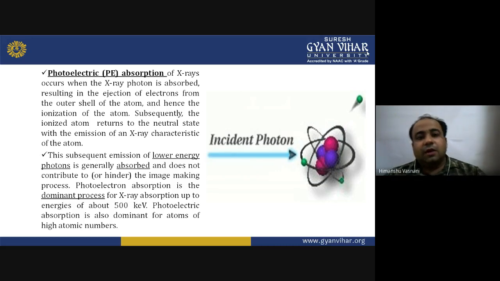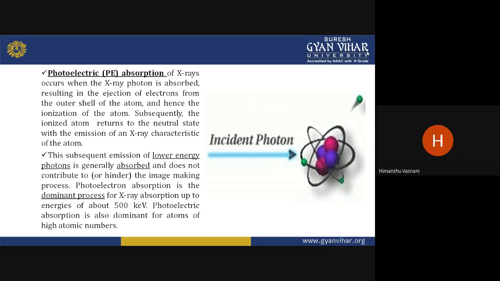You can see in the diagram there is an incident photon and how this works. This subsequent emission is generally absorbed and does not contribute to or hinder the image making process, the image that is obtained after radiography.